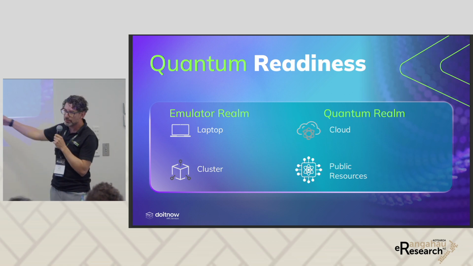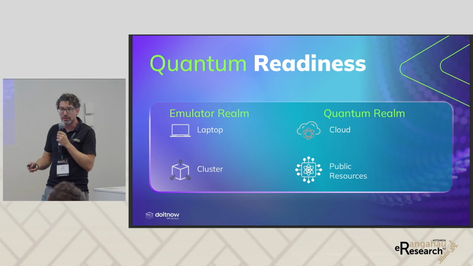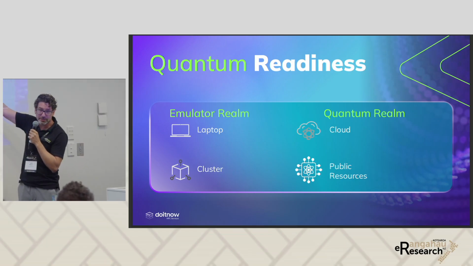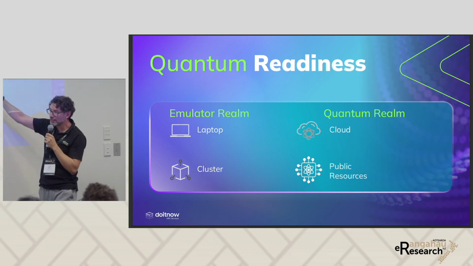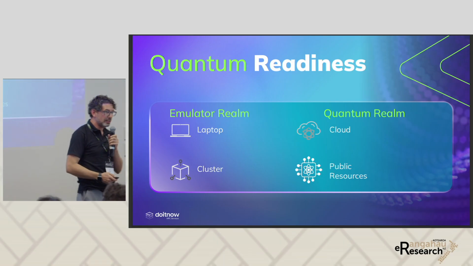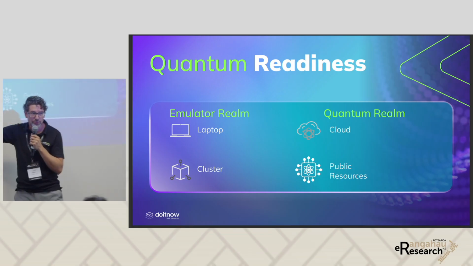Or you can go to a public institution or a supercomputing center and use a real quantum computer. Obviously, this is extremely expensive or really hard to get in. The emulator is a lot cheaper and easier, and probably before you use the real thing, you want to prepare yourself with that.